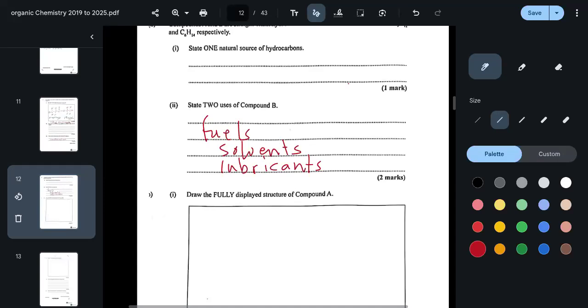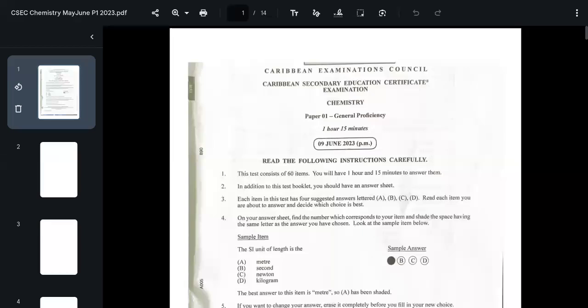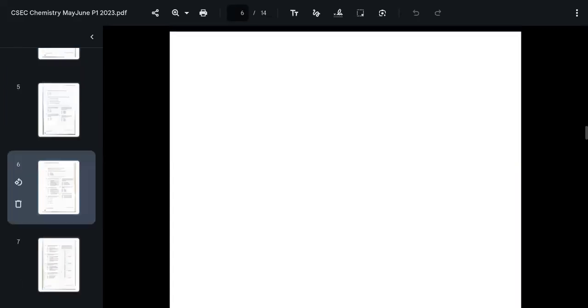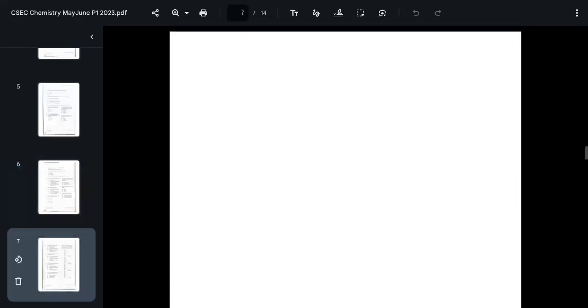Wait, give me a second. Let me save the page I was just working on. All right, save. All right, good. Go up now. All right, so this is 2023. Let me scroll down to the organic chemistry section.